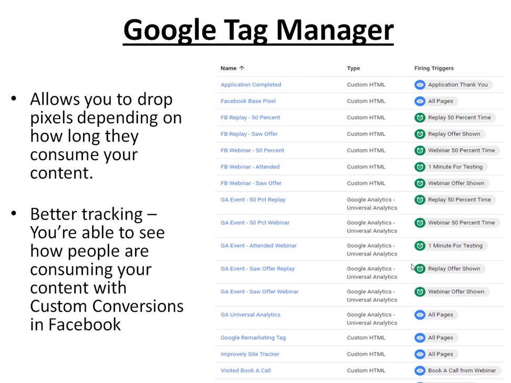And then, people that have actually seen the offer, which is, right, so that's the replay, and then Facebook webinar saw offer, and then you're able to have different audiences. Then you're actually able to have better tracking because you're able to see how people are consuming your content with custom conversions in Facebook. So you can create a custom conversion, and then you can have that column show up in your Facebook Ads Manager.